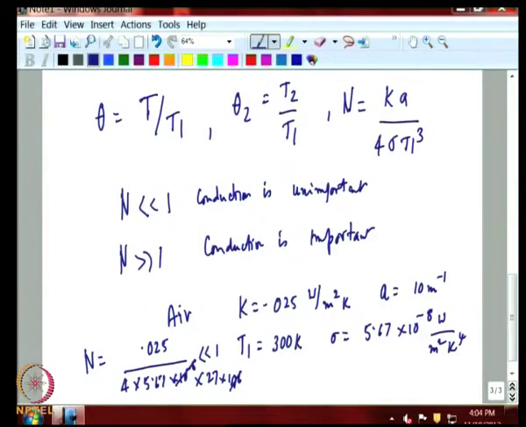But at room temperature for gases, unless it is a highly absorbing gas like pure carbon dioxide or pure water vapor, in which case this quantity can be much larger, this simple analysis shows that conduction may not be very important vis-a-vis radiation.